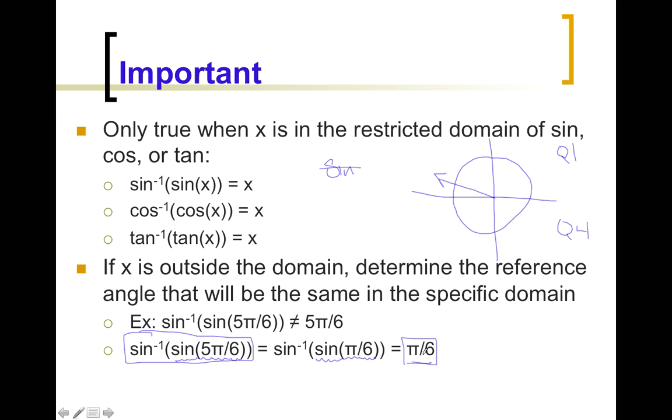All right. I know I've talked your ear off so far, but I have one more thing to go along with compositions. Things like this don't follow those last rules because they're not the same function. So we have things like cosine of sine inverse of 1/2. But here's what we're going to do.